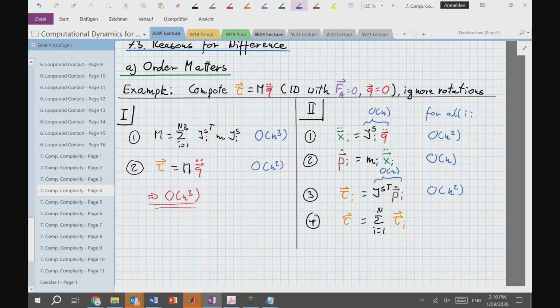Computational complexity of that. Think about how many for loops you need.